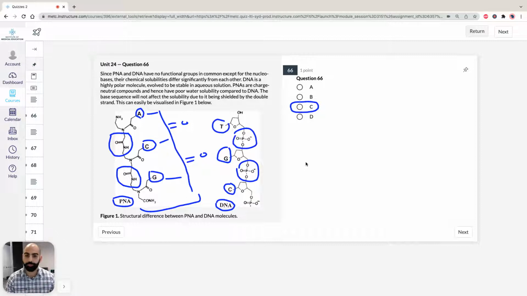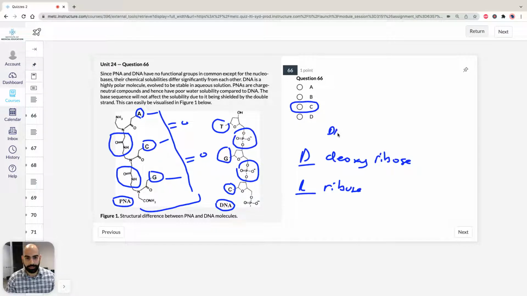However, the most correct answer is in the name. DNA is deoxyribose nucleic acid. RNA is just ribose.